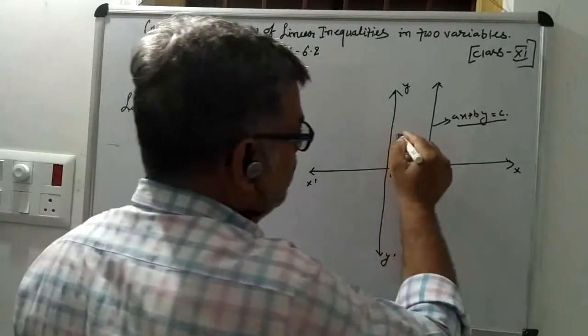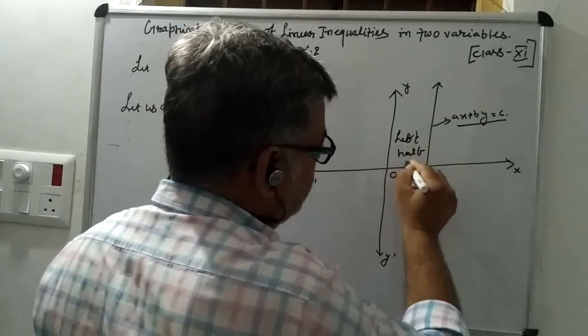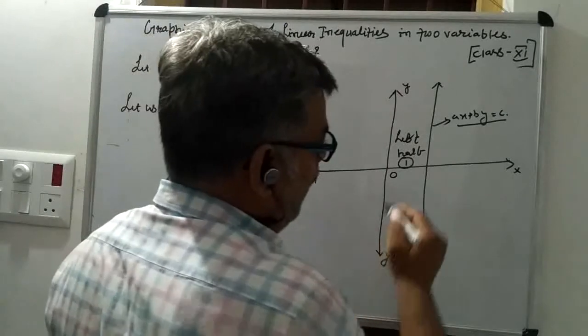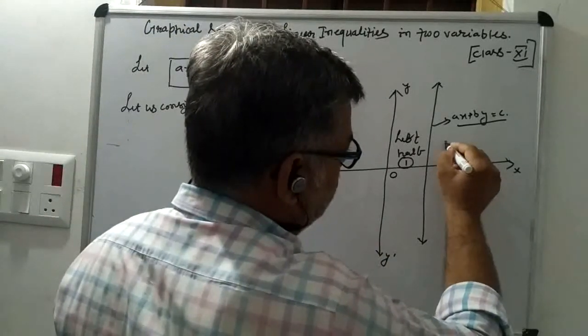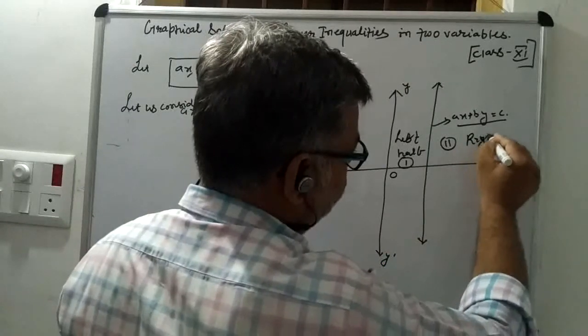The first half is called the left half, which is to the left of the line you have drawn, and the second is called the right half.